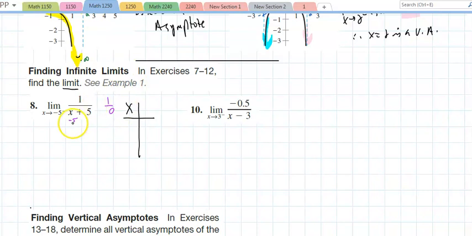So if I take, again, I'm looking at negative 5, and from the left. So if I pick negative 5.01, and negative 5.001, and negative 5.0001.